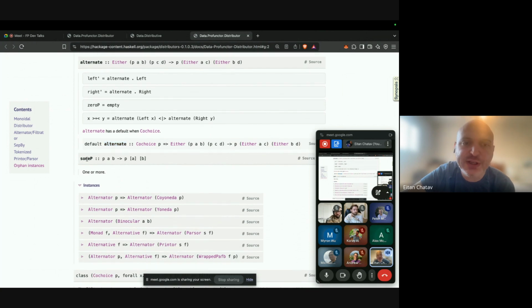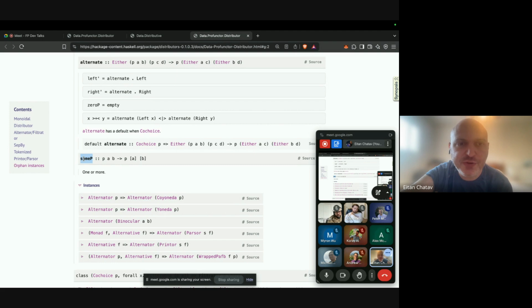And alternate is where we have the analog of sum, which was defined for alternative, and gives us a list that has at least one element. So it kind of makes sense that this one, sum, is in alternator, because whereas distributor could be total, alternators must be partial.